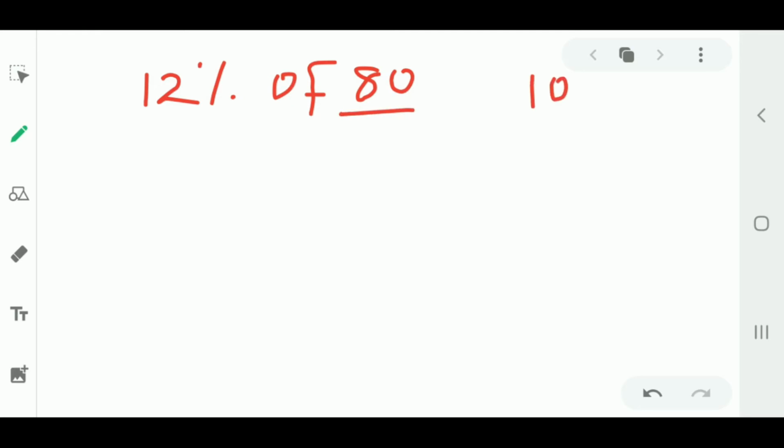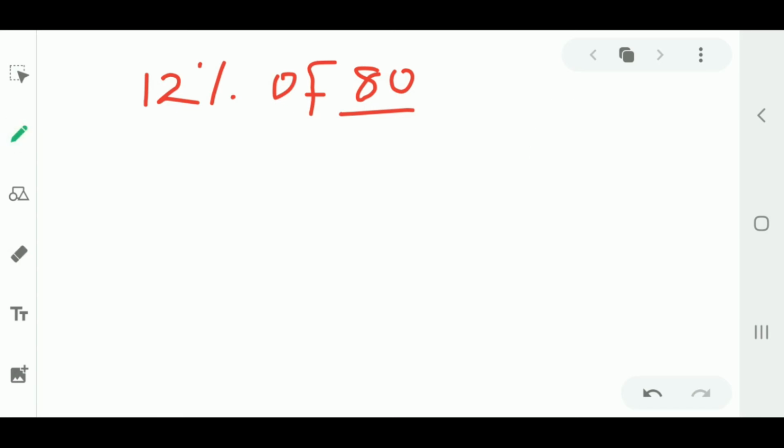So let's do a percentage breakdown. Let's say we have 12% of 80. Whenever you have whole numbers like 10, 20, 30, 40, 60, once it's ending in 0, you can use this approach. It's very easy, and there's a pattern you can follow.